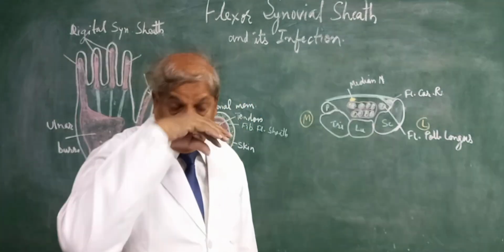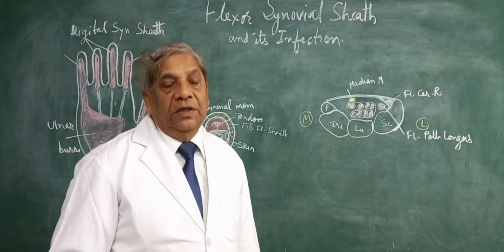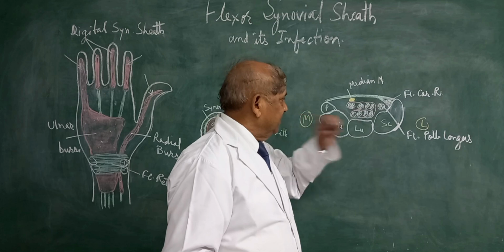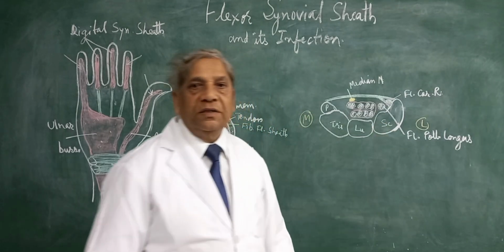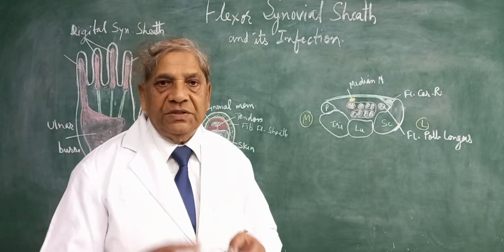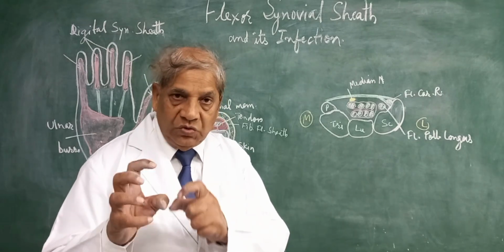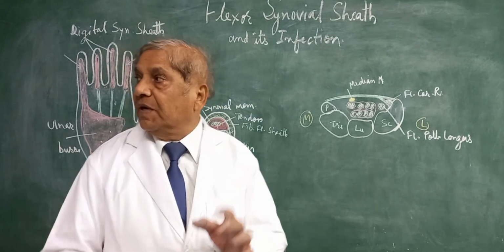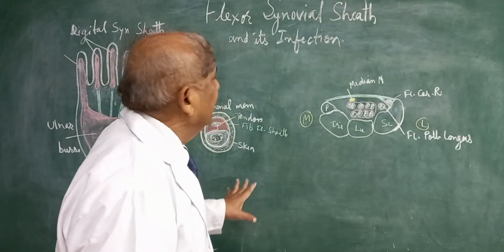If you have read about the palmar spaces, it will go into the mid palmar space. Similarly, if it is a rupture of the flexor pollicis longus sheath, the pus will collect in the thenar space. So the two different spaces of the palm, the thenar space and the mid palmar space, will be involved.